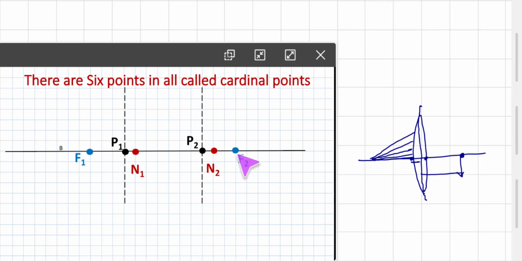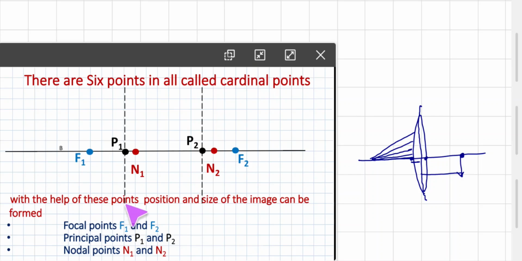These are focal points. Similarly we saw principal point 1, and we are going to see another point, principal point 2. The planes corresponding to these are called principal planes. They are passing through these particular points. And two more points are there. Those are called nodal points.